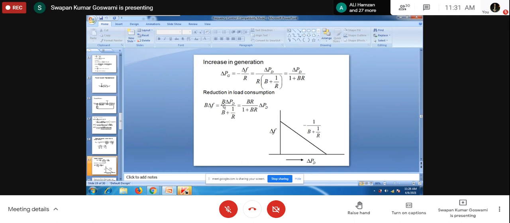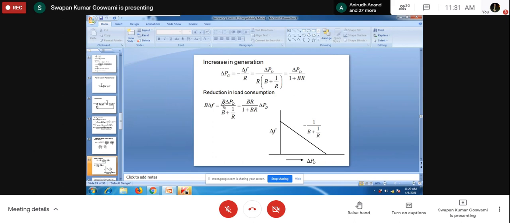Okay, so what we can do is divide the time, starting from the switching on to the arrival of the final steady state, into three different segments. Immediately after the load is switched on, power will be supplied by the stored kinetic energy.